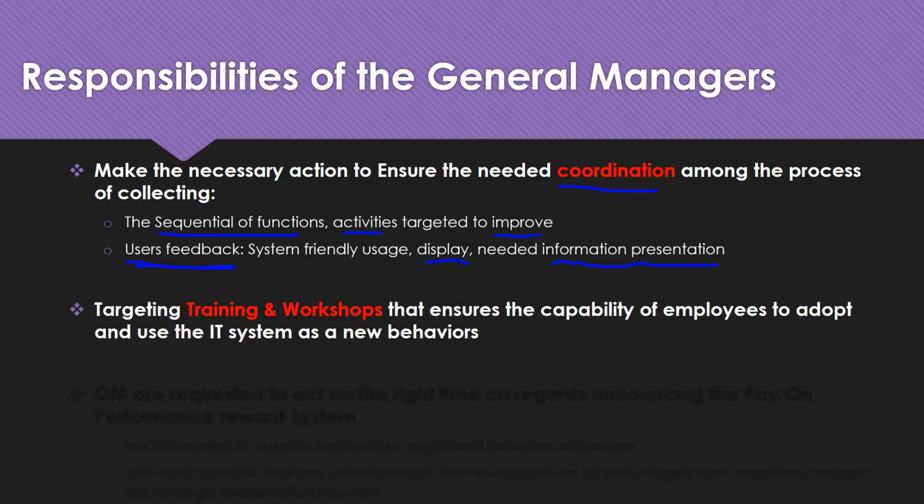So we will be targeting training and workshops for employees to adapt to the use of this IT system as a new behavior after succeeding in the pilot.